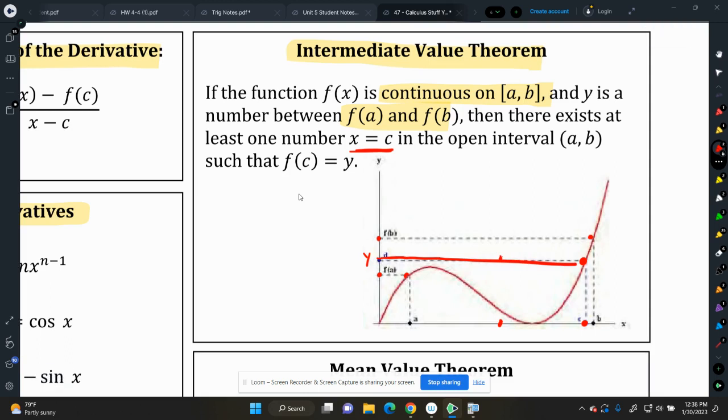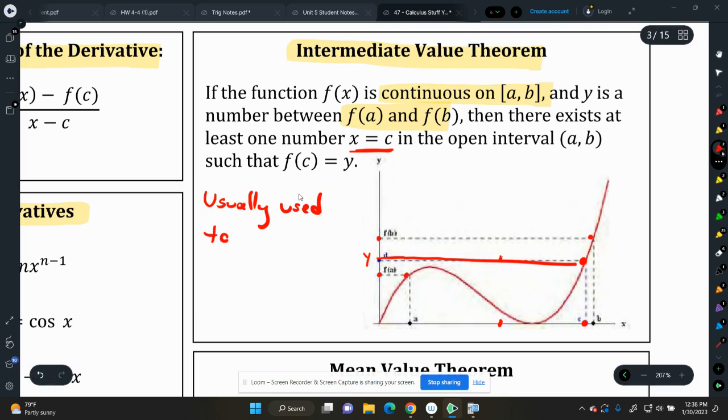So basically, this is important. The intermediate value theorem is usually used to show that the function crosses the x-axis.